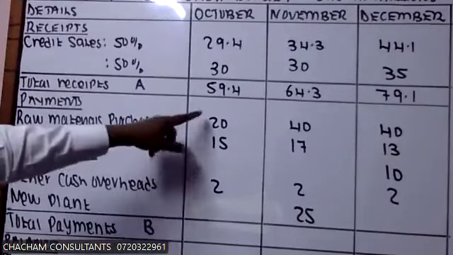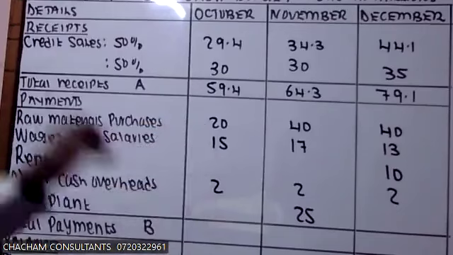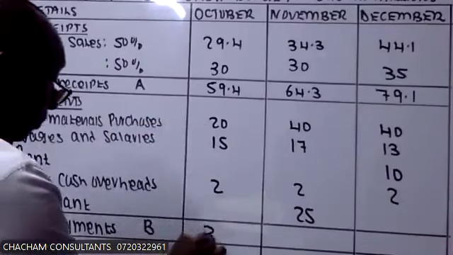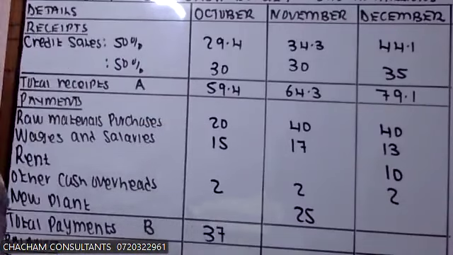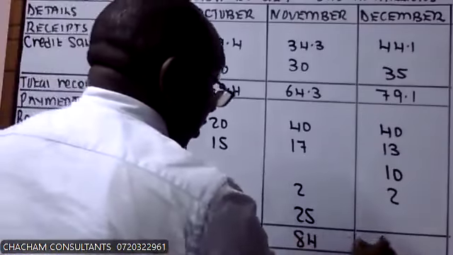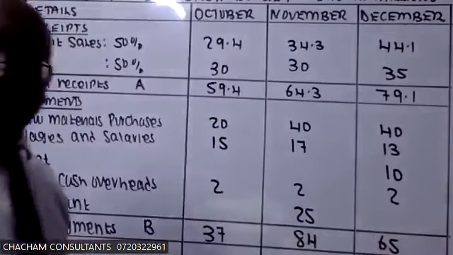This month, 20 plus 15 plus 2. Oh, you can see Zipporah has already given 37 here. 84 and 65. Is it confirmed?